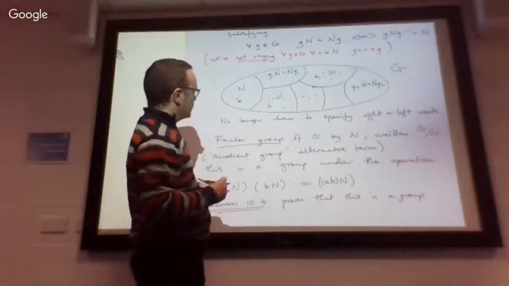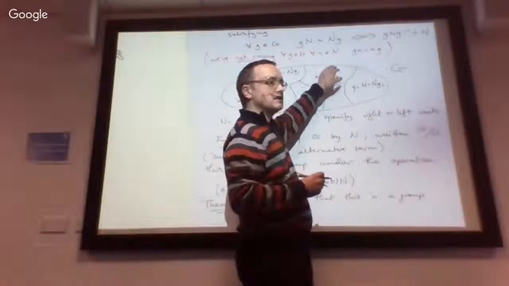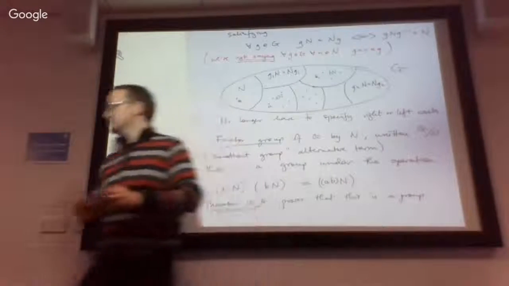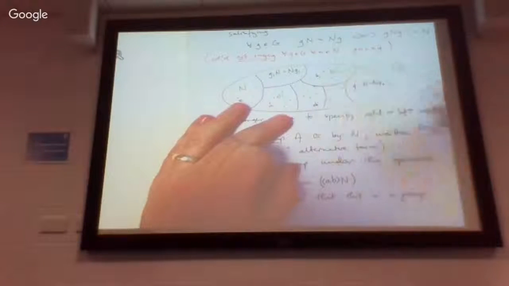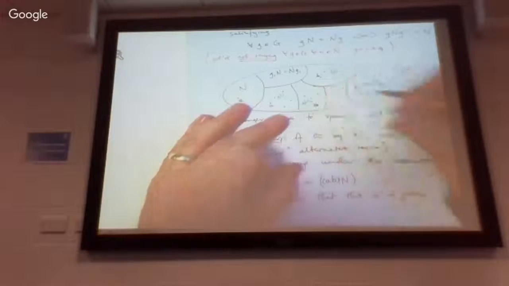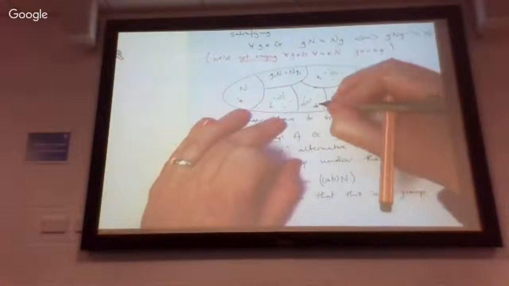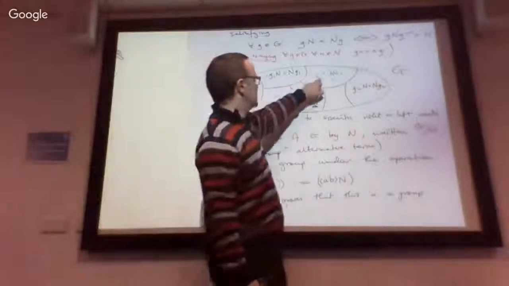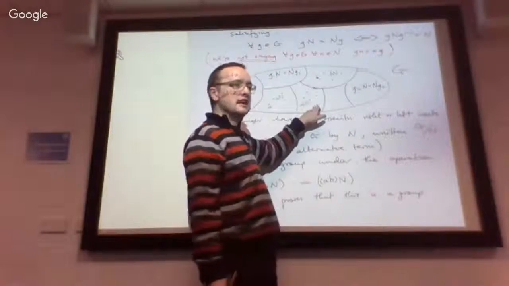Now, really, when I say multiply this left coset by this right coset, the way I've worked out which other coset it is, let's say A times B happens to be this element over here. So this coset should be labeled ABN. The way it's worked is I've taken this element A, this element B, I've multiplied them together, and I've gotten AB.